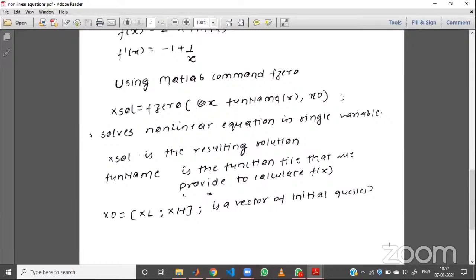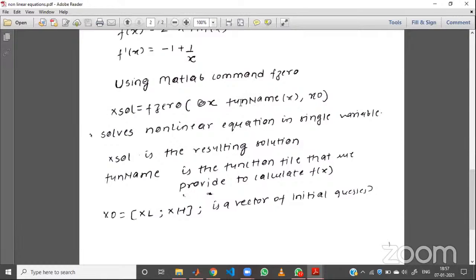So what are the details of this MATLAB command? We have to write it strictly according to the syntax that is given here. There is a small mistake here: the x will be covered by a small bracket, which I will show in the code.